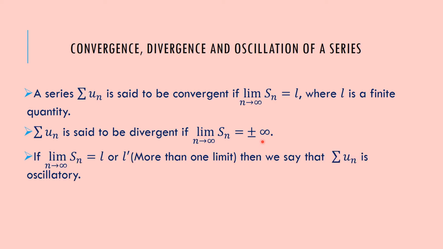Similarly, if limit n tends to infinity, Sn is equal to L or L dash, that means if you get more than one limit, then we say that the given series is oscillatory. So this is about convergence, divergence, and oscillation of a series. And we will see some examples to discuss the nature of the series.